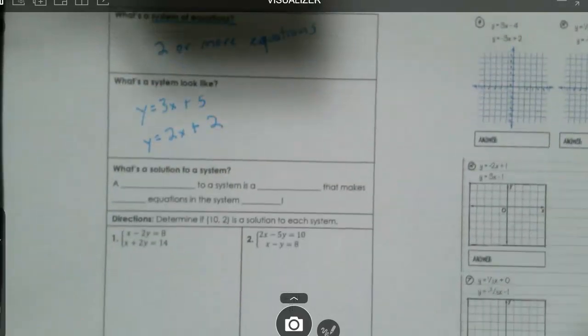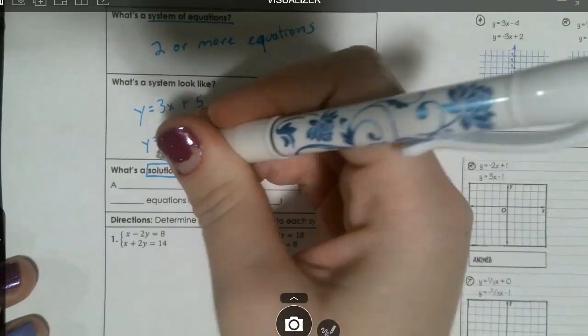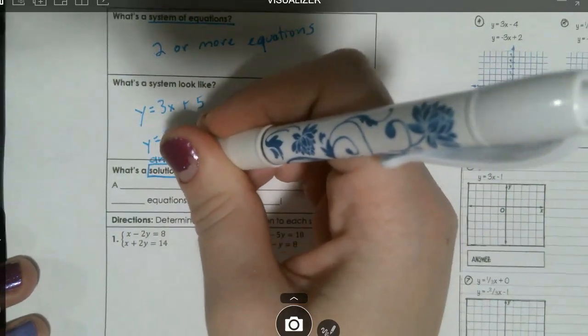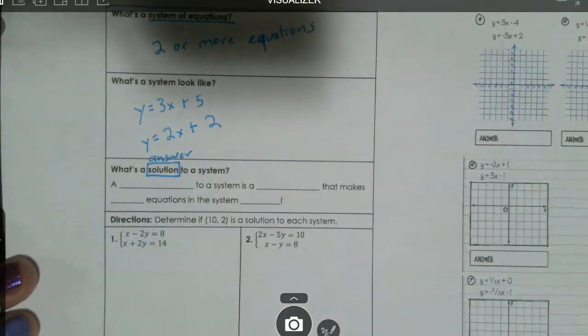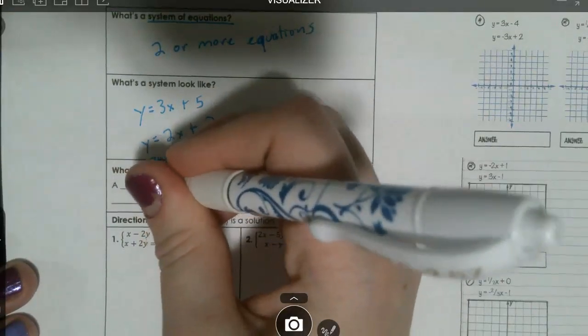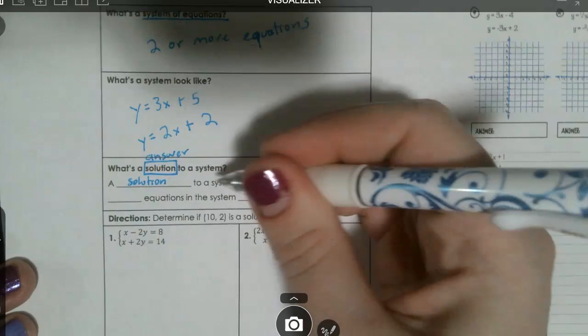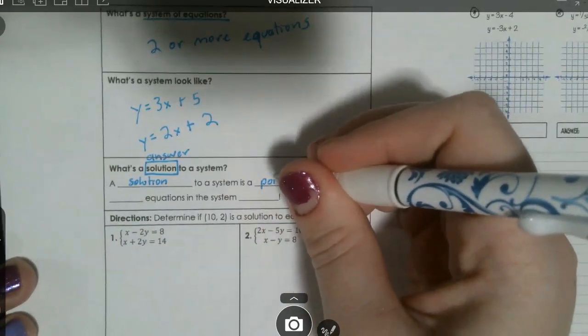Okay, so let's go ahead and get that written down as a definition. A solution or answer to a system of equations is a point.